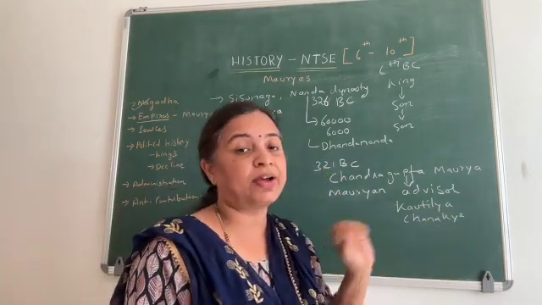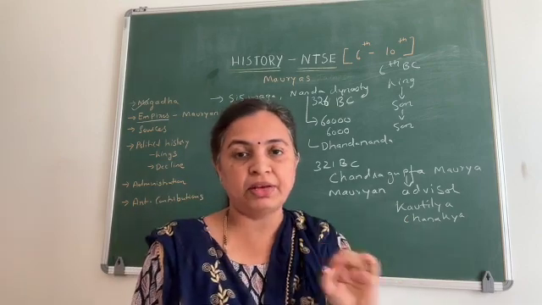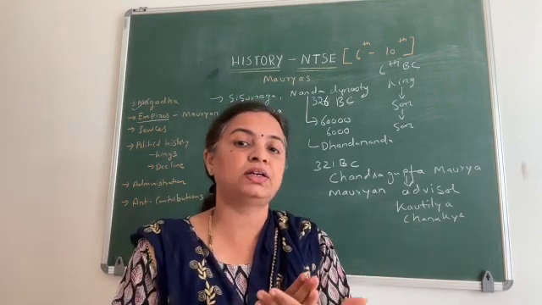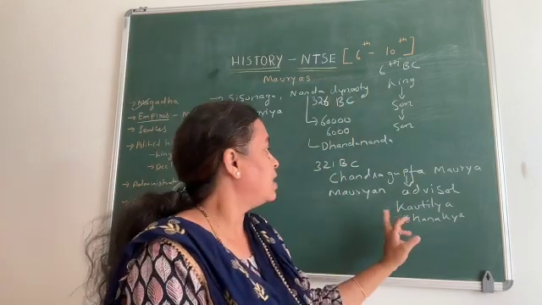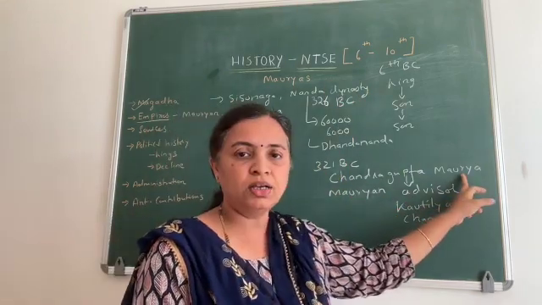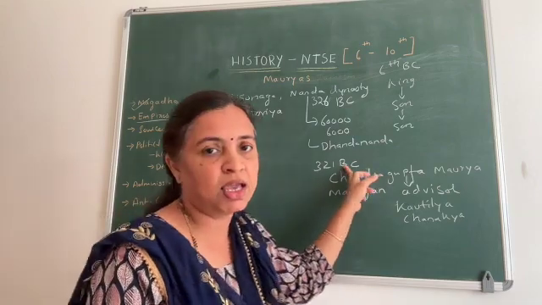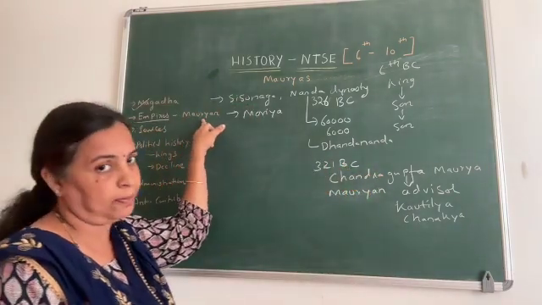He was a chief advisor, a very learned man, a very good scholar. He knew how to break the kingdom of Nanda. So with Kautilya's help, Chandragupta Maurya in 321 BC established the Mauryan Empire.